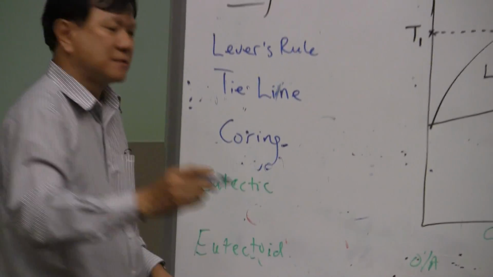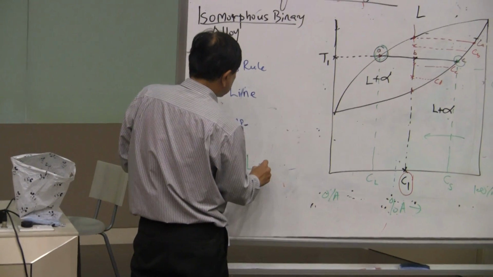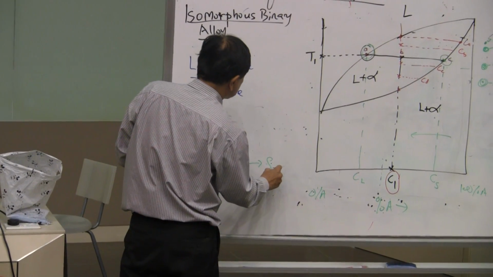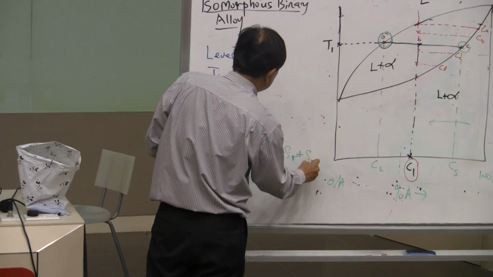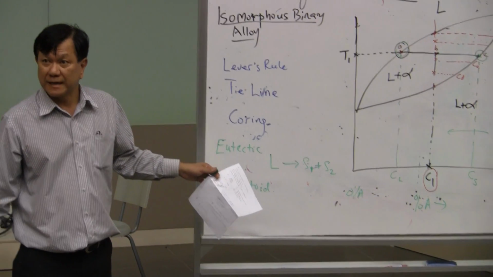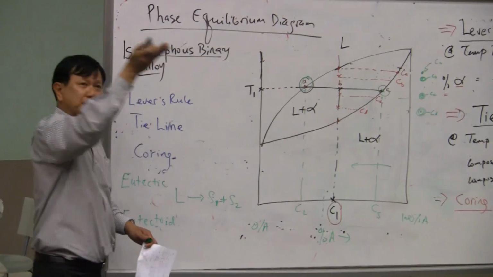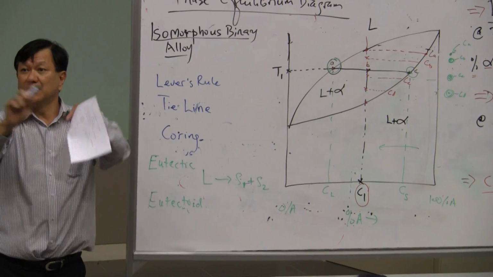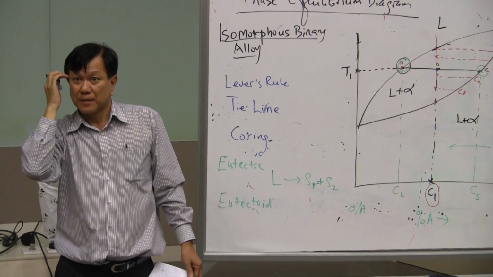What is the eutectic reaction? One liquid gives you two solids that solidify at the same time. That means when they come to the solidification time, two solids will solidify at the same time.